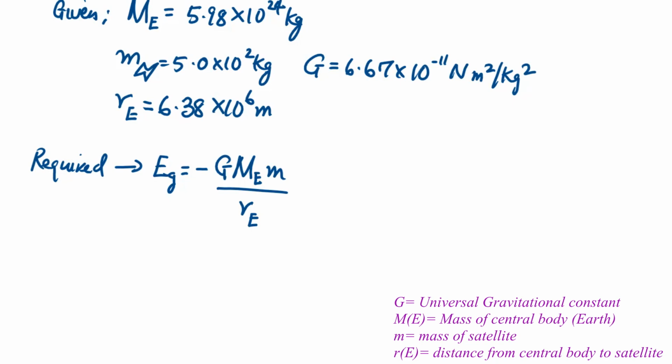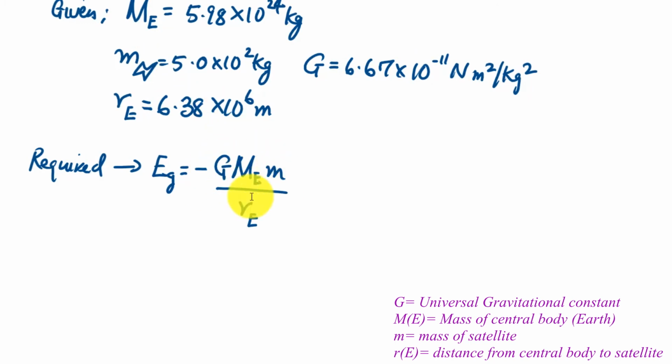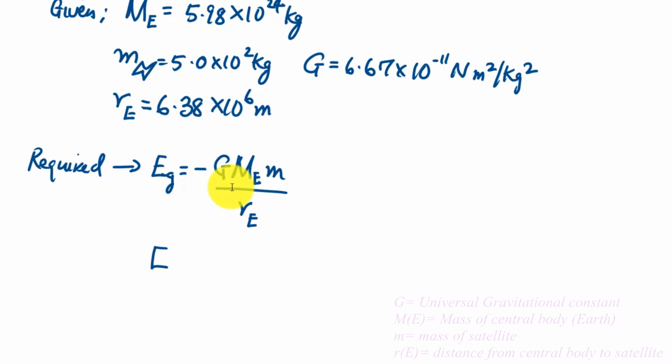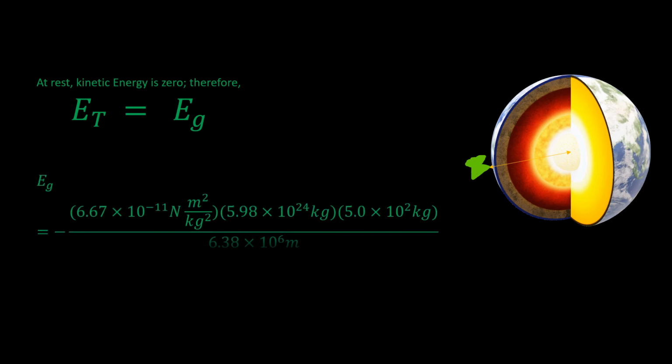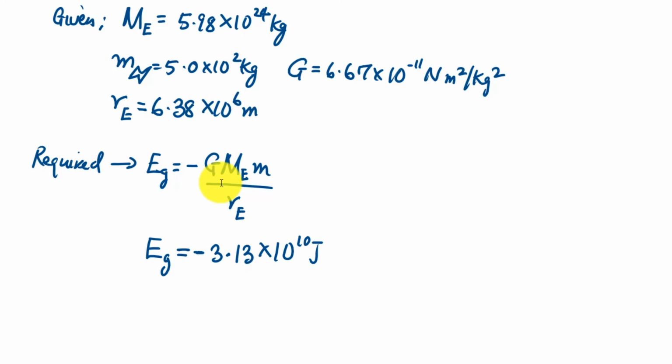Therefore, by putting all these variables and their values into this equation, you're going to come up with our gravitational potential energy to be equal to negative 3.13 times 10 to the power of 10 joules.